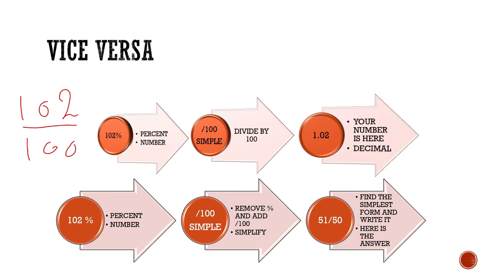Is that the final answer? No, I have to simplify. After simplifying, I'll find that my answer became 51 over 50. So I have to write it in the simplest form. Now here is my answer. Like this, I finished my lesson and I learned many things.